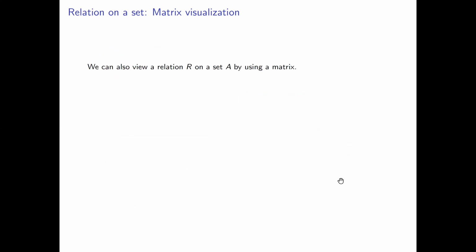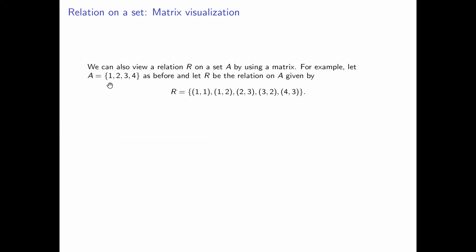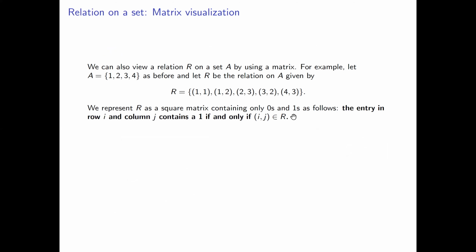You can also compactly write relations out using a matrix. For example, let's suppose I'm working with the same set A, which is the set 1, 2, 3, 4, and the same relation on A from the last slide. We can represent this relation via a square matrix that contains only zeros and ones.